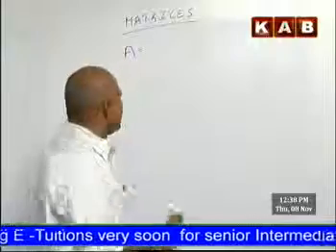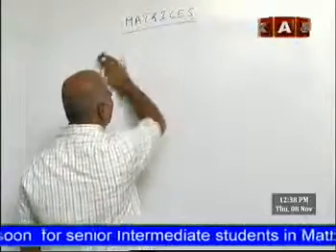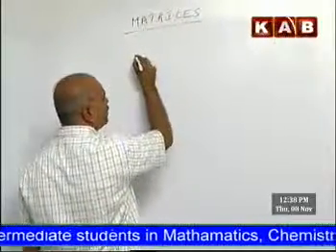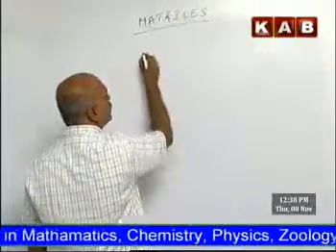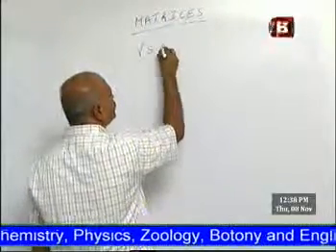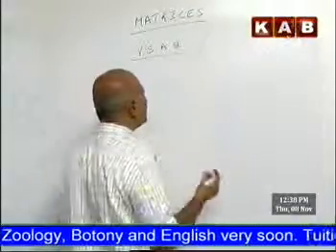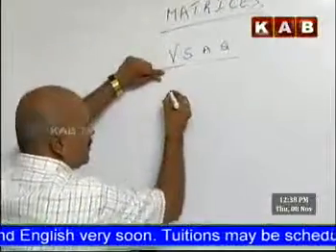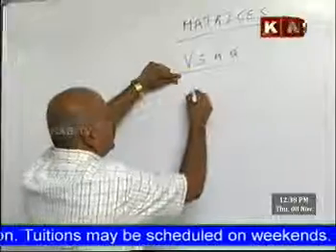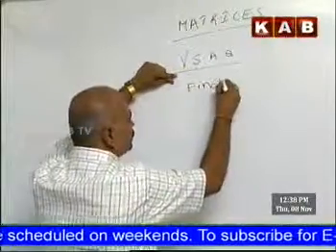Here they may give like this. First question example for VSAQ. I am covering the VSAQs in matrices now. That means very short answer questions. In this case, the first question is a simple question. It's a 2 marks question.